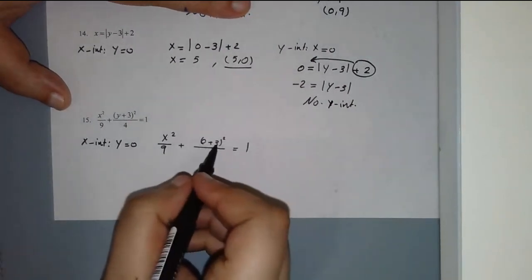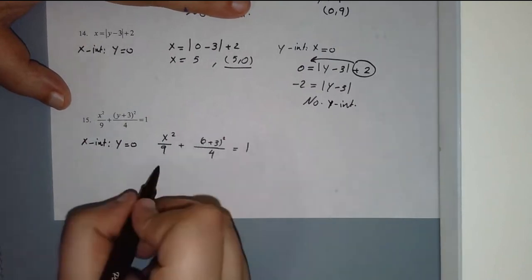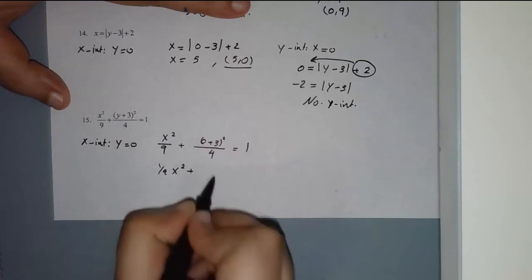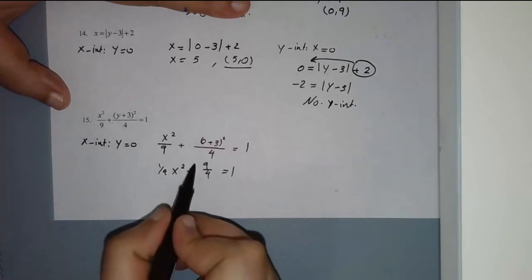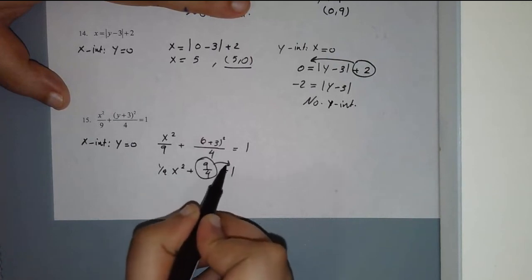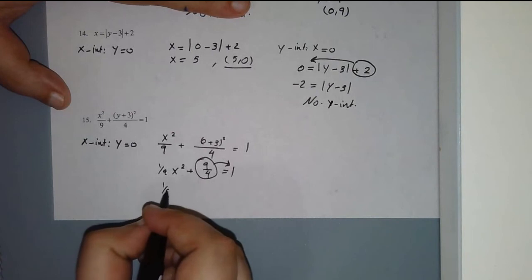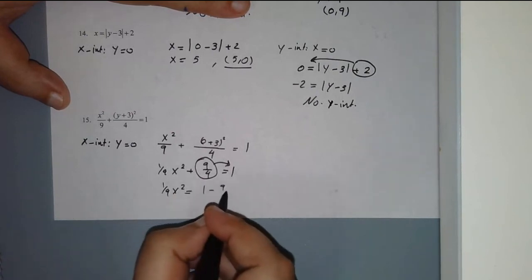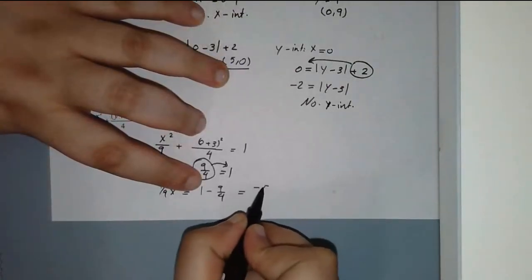This is a number, 0 plus 3, which is 3. 3 squared is 9. So you have 9 over 4. So here we have 1/9 times x squared plus 9 over 4 equals 1. So I'm going to grab the 9 over 4 and move it to that side. It turns negative. We have 1/9 x squared equals 1 minus 9 over 4. Now subtraction between these two gives me negative 5 over 4.